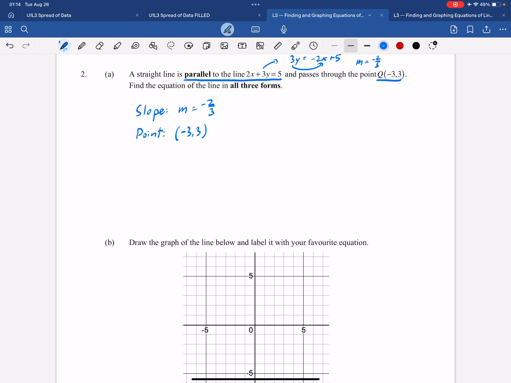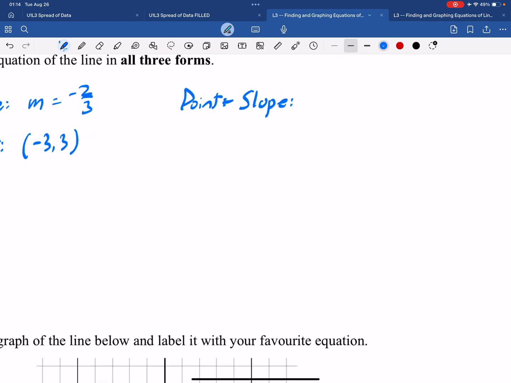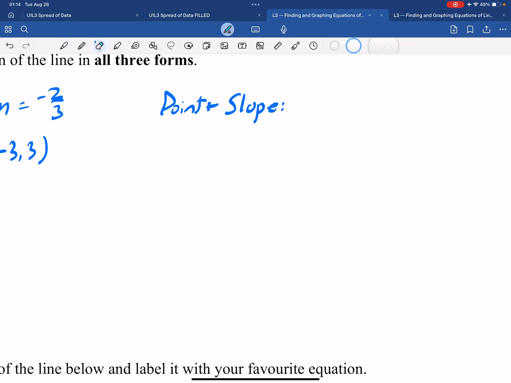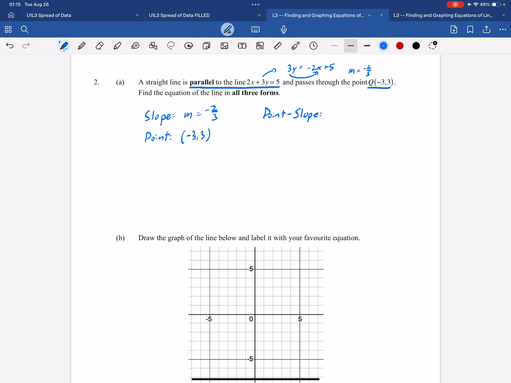Okay, so again, I'm going to start with point slope because we have a point and the slope. Point slope. Let me erase this. And then after that, we can convert to the other two forms. Okay, so point slope is going to be y minus 3.